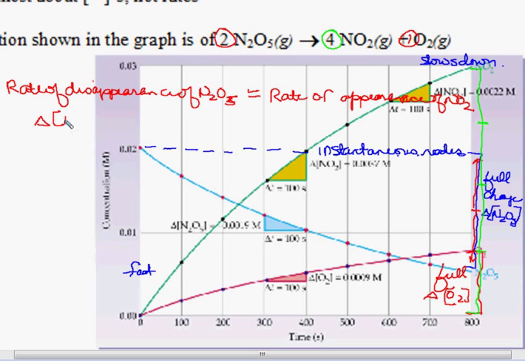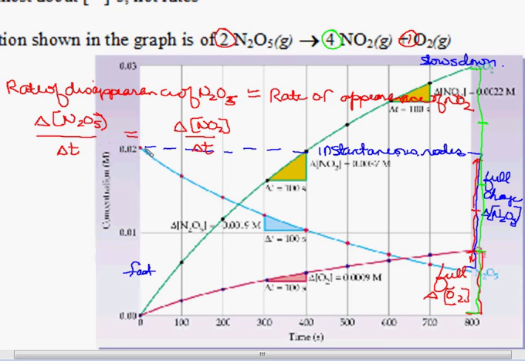So the disappearance would be the N2O5 versus the change in time. And the appearance would be the NO2 versus the change in time.